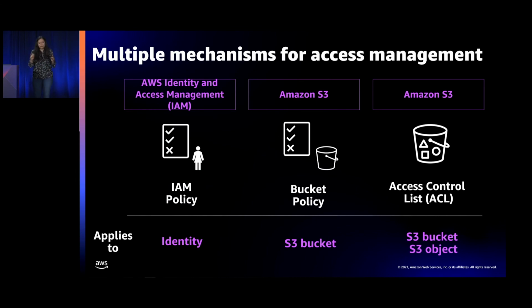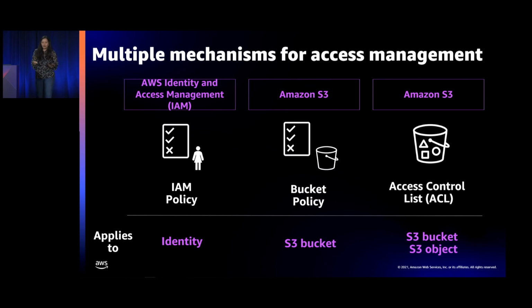So first, let's look at simplifying ownership and permissions in S3. In S3, there are multiple ways to grant access to your data. You can use IAM policies, which define what resources the IAM roles in your account can access. Then there is bucket policy, where you grant or deny permission to different users using a bucket policy.